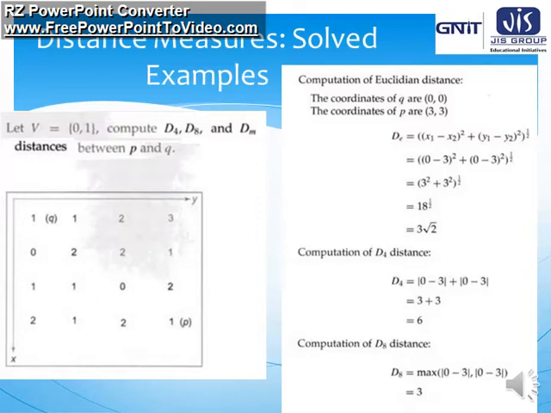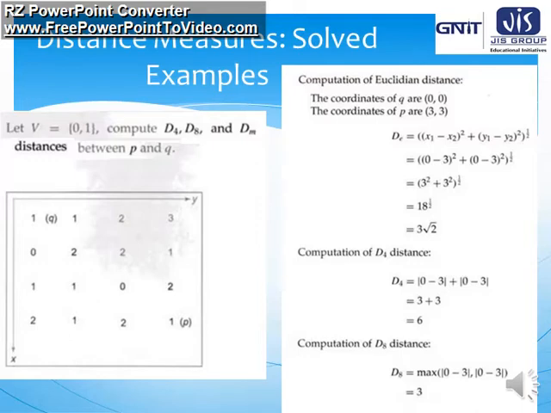Here x1 and y1 are the coordinates of Q, and x2 and y2 are the coordinates of P. The coordinate of Q is 0, 0 and the coordinate of P is 3, 3, so we can easily calculate that the Euclidean distance is 3 root 2.